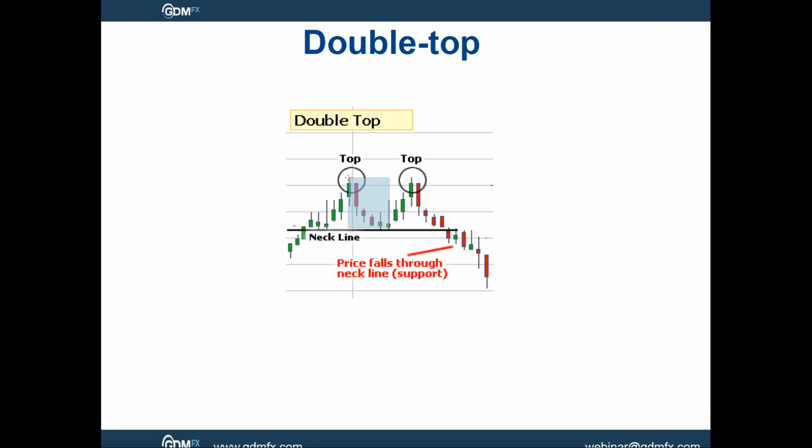Let's say the first top is the smallest one, so the distance from the lowest price between the tops up to the smallest top is the absolute potential for a downside when this formation confirms. Now, this is the rule that you, ladies and gentlemen, need to remember.